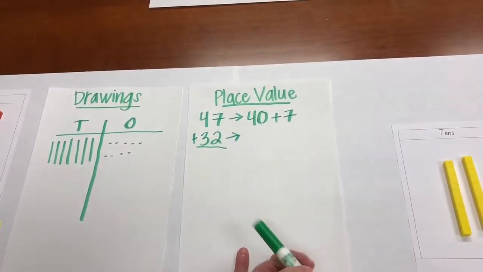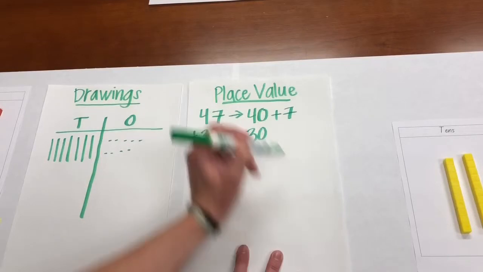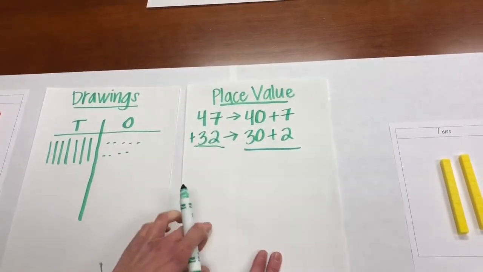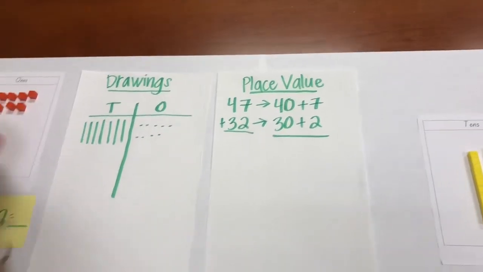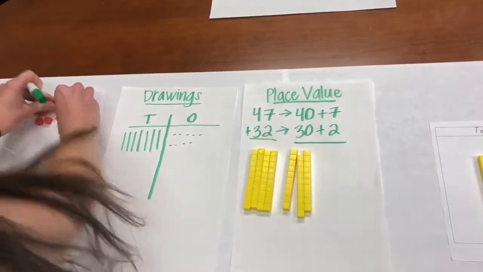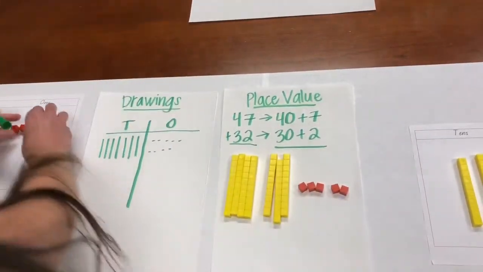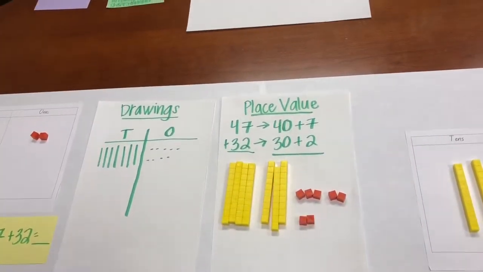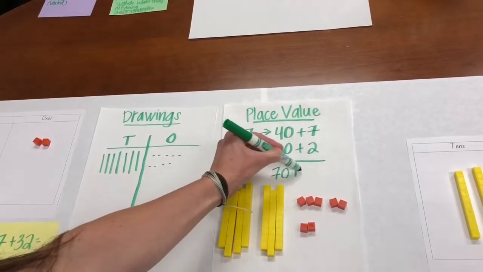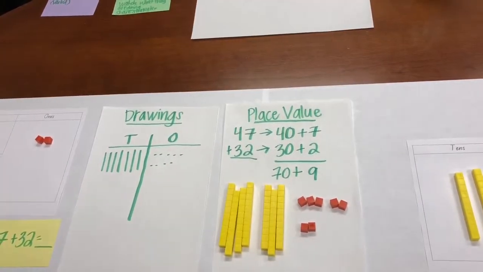I know that 32 has 3 tens, which is equivalent to 30, and 2 ones that is equivalent to 2. And even if I had to come back here and connect the 40 plus the 30 and the 7 plus the 2, I certainly could connect the abstract with the concrete or the pictures. But thinking I have a total of 70 plus 9, which is equal to 79.